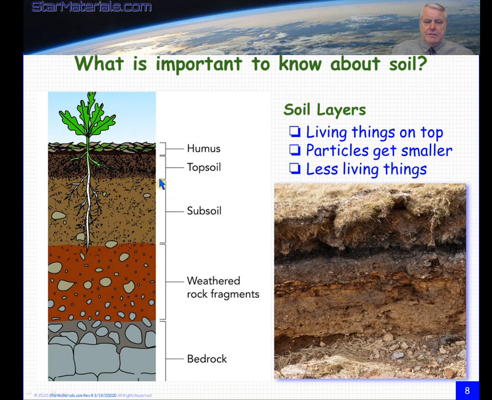Underneath that is the subsoil, sub meaning underneath, think submarine. So you got the topsoil, the subsoil, and then you have weathered rock fragments. So as you go down, you're going deeper and deeper until you hit bedrock, which is just solid rock on the plates of the planet.